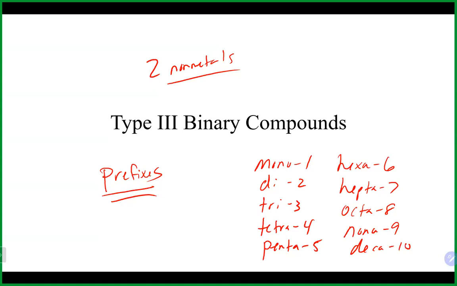So we do use prefixes here with our nonmetals, and this is really where you should use them. And really the only place you should use them is when you've got these 2 guys that are nonmetals together.